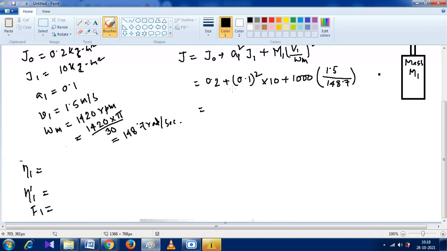What is the value of that? After simplifying, what value do you get? This is 0.4. And what is the unit of J?